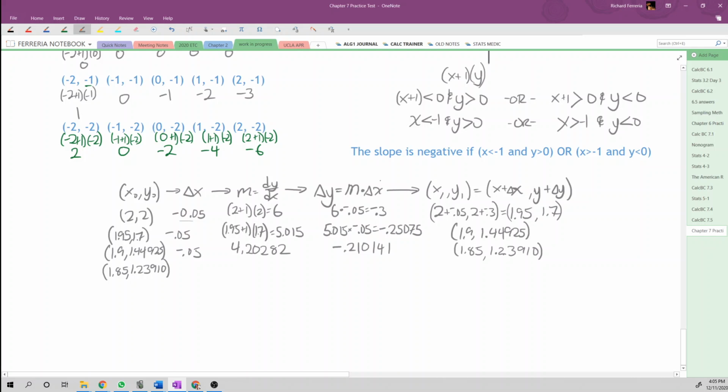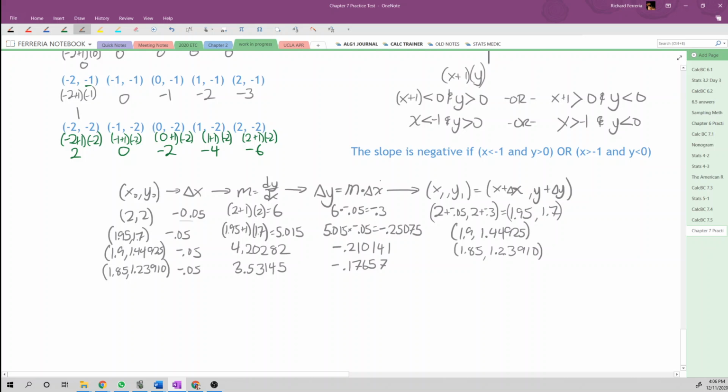1.85, comma 1.239. Delta x is still negative 0.05. M is going to be 1.85 plus 1 multiplied by 1.23910. That's 3.53145. Delta y is m times delta x, so negative 0.05 multiplied by 3.531, negative 0.1766.